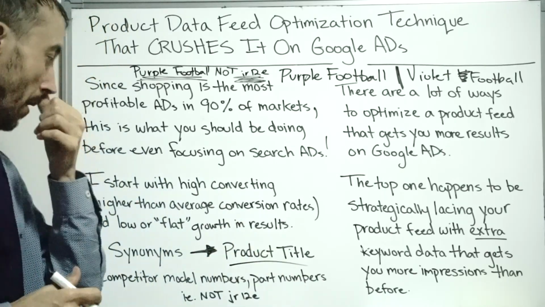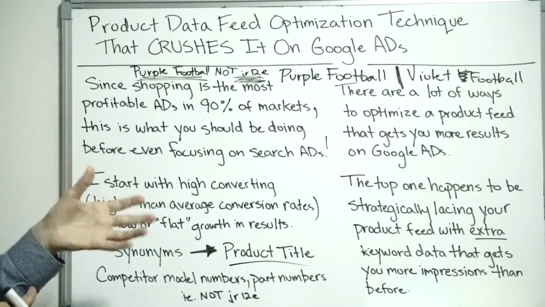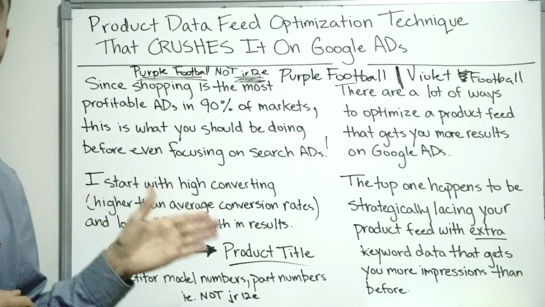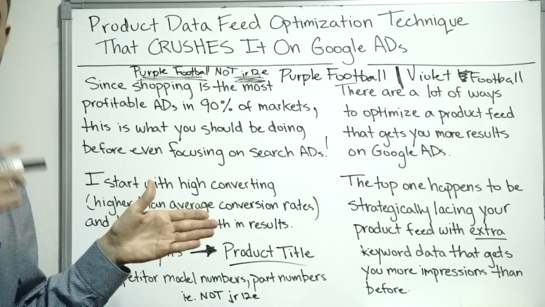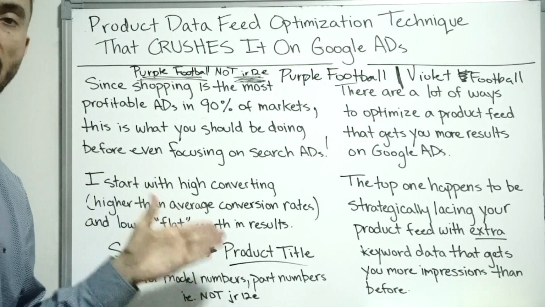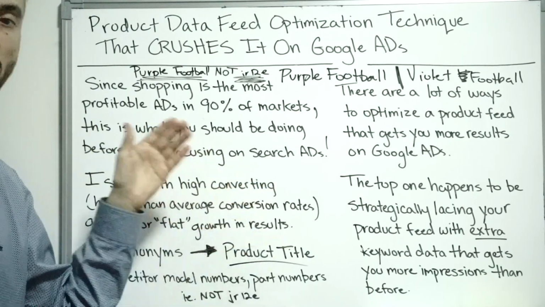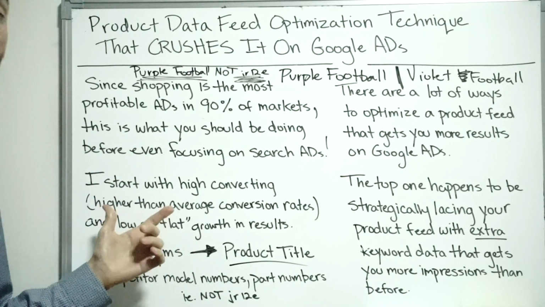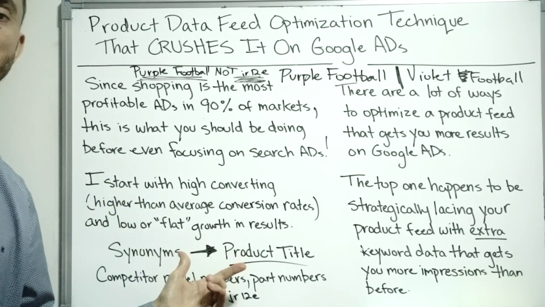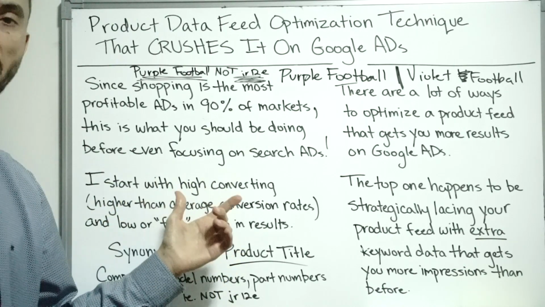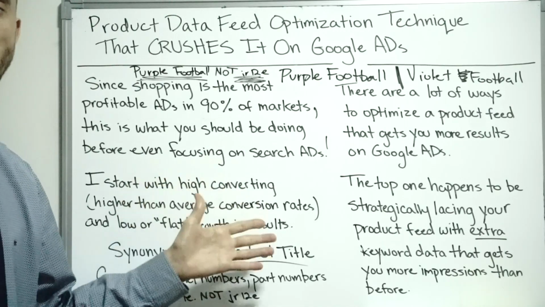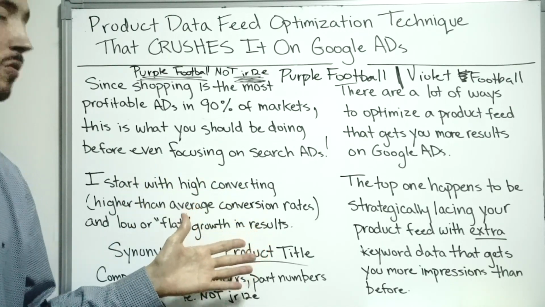So you'll have to do this item by item, but like I said, if you start with the items that seem like they have the most potential, high conversion rates, low impressions, you'll get a big result in the first few items that will get you motivated, and then you can just keep going down the line. Of course, you can easily outsource this to somebody that can help you do it.